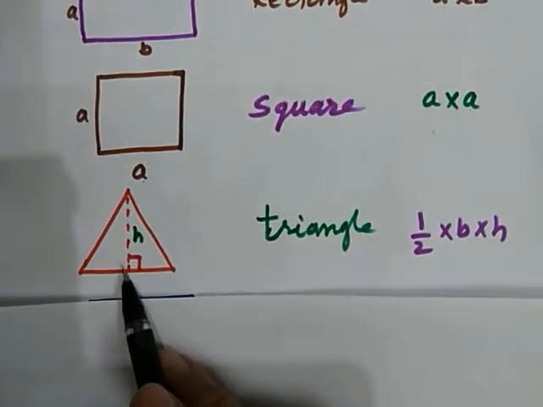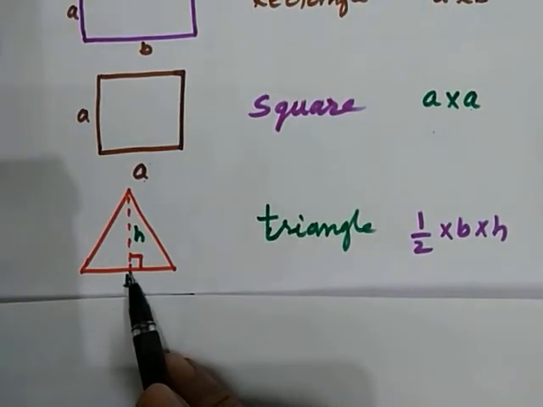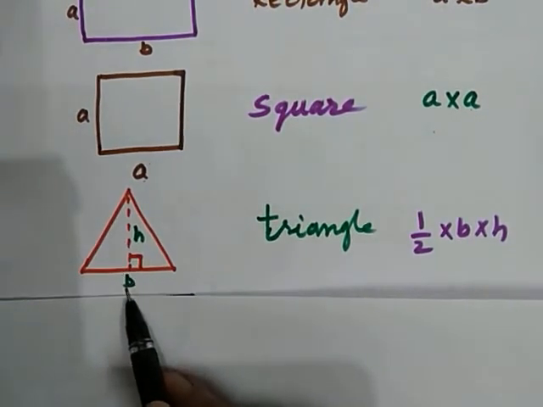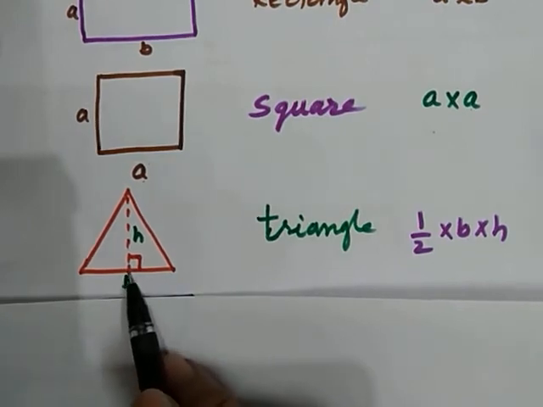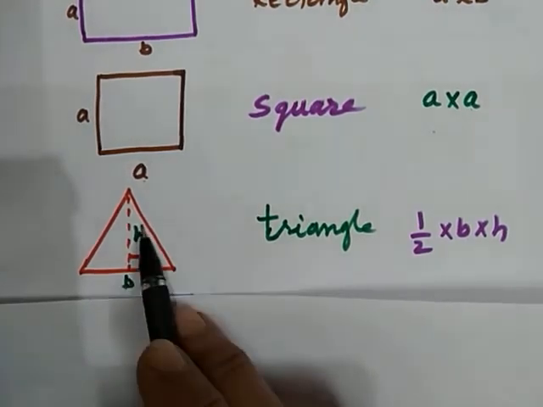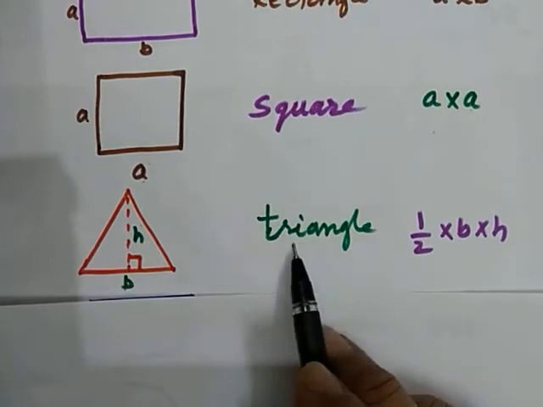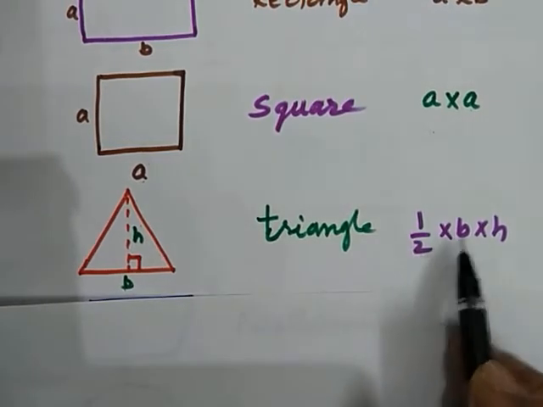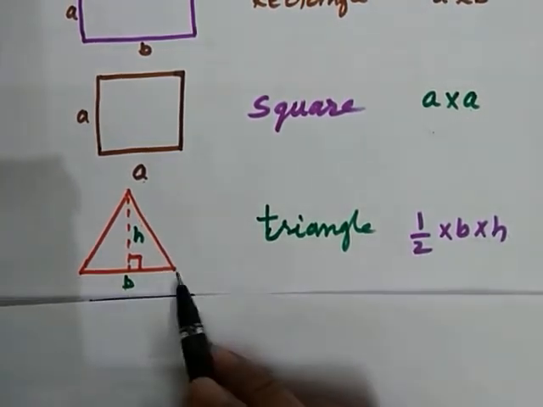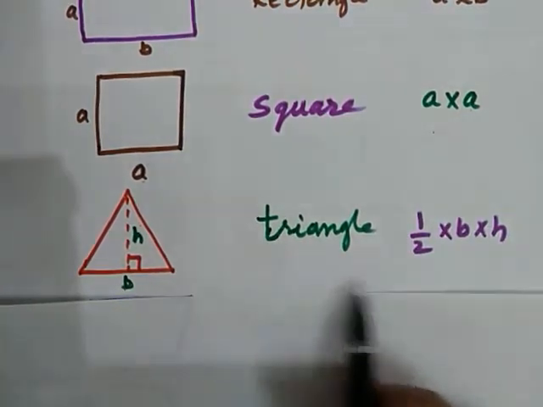From this vertex, this is the perpendicular on the base. So this is the height. The area of triangle is half into base into height.